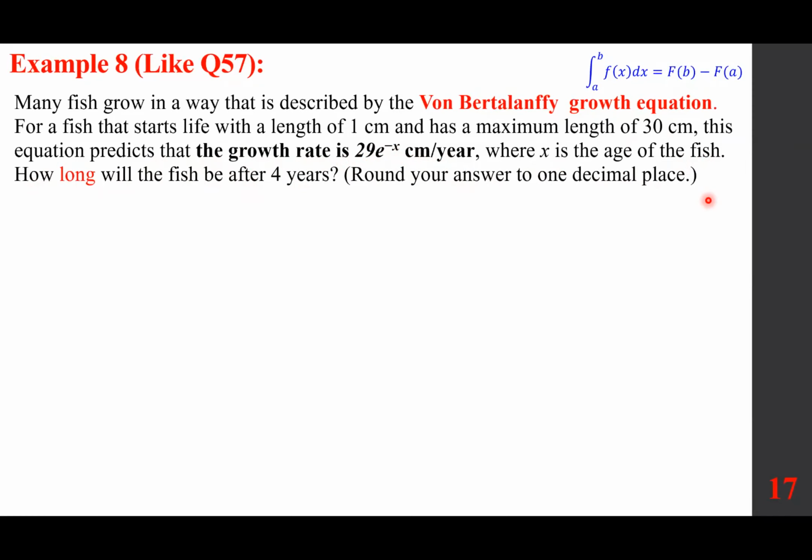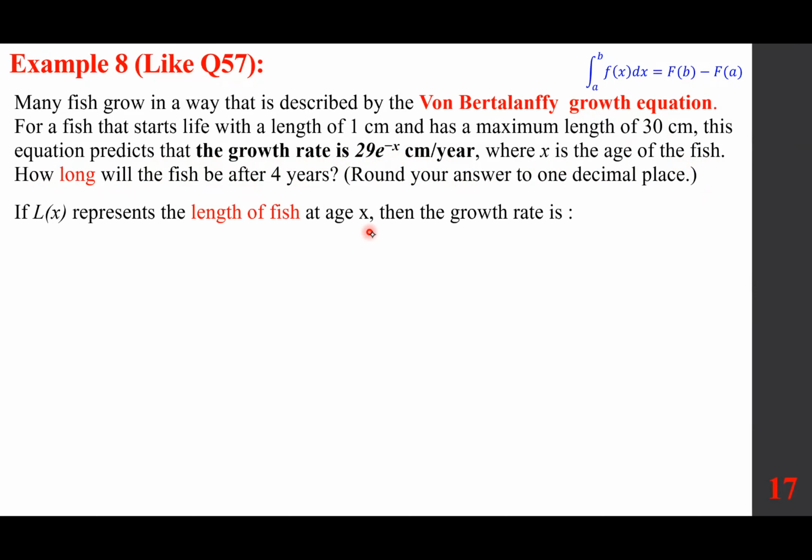So, since we're talking about the length, if we let L of x represent the length of the fish at age x, then L prime or dL/dx is 29 e to the power minus x, and that's the unit, centimeters per year.